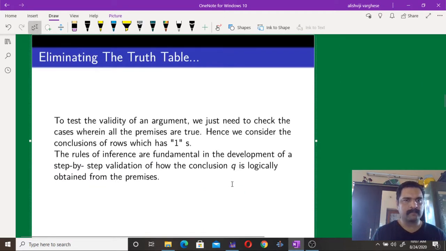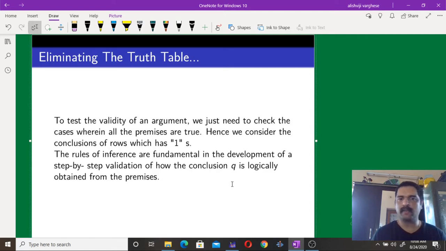Then, using all these ideas, we can eliminate the construction of a truth table from the process of testing the validity of an argument.